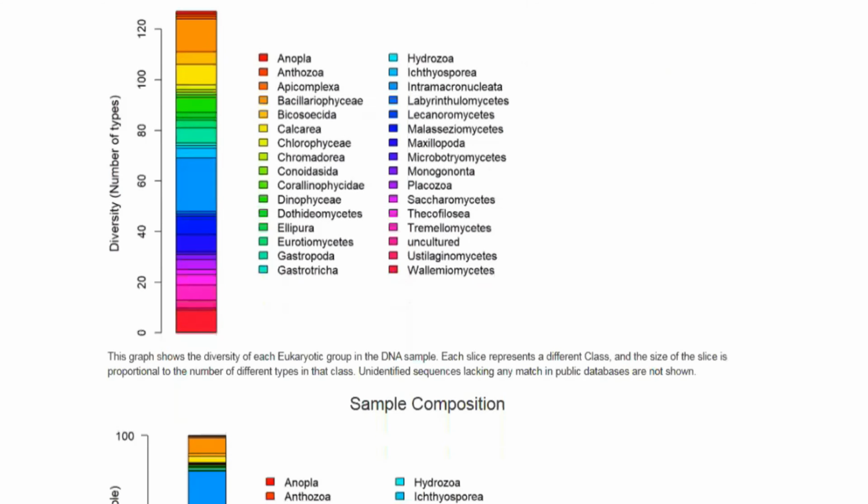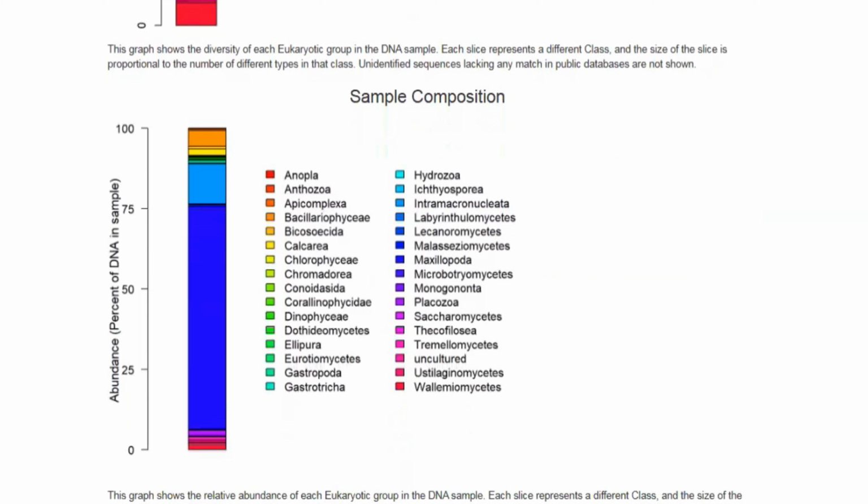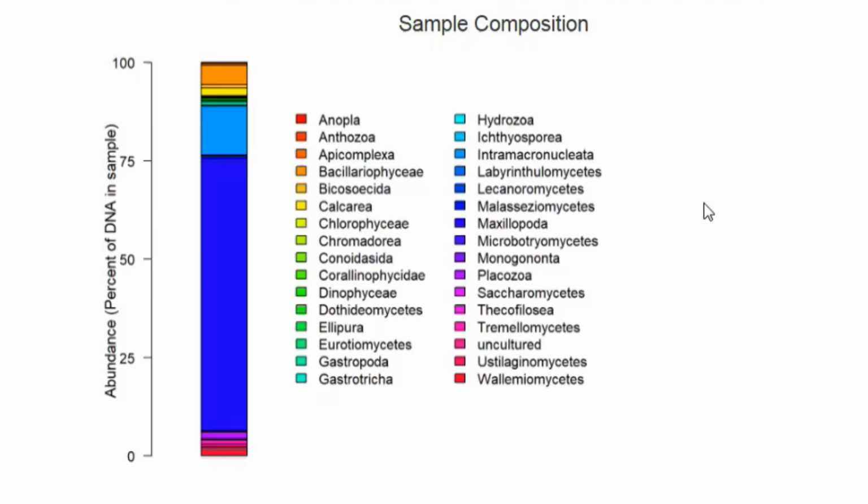Another detail I look at for this kind of quality control question, I go down to the sample composition. There are some cases where the sample's dominated by a single type. It could be an organism we expect to find in the tank, or it could be some random contaminant. We've seen that before. In any case, yours isn't dominated by a single type. It's got a lot of different types in here.